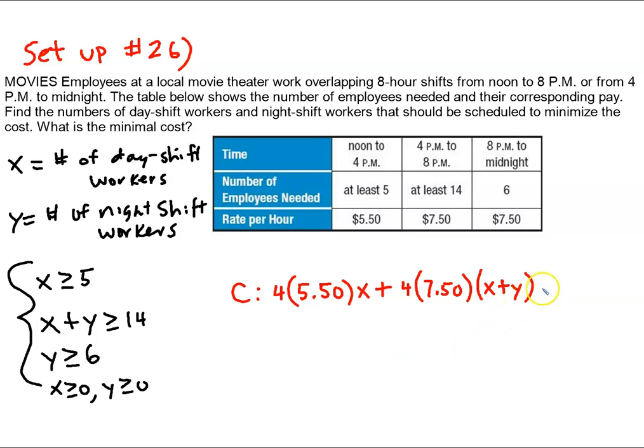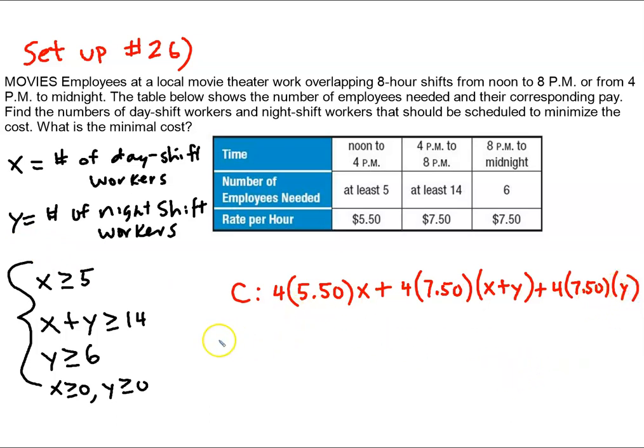All right, and then finally we've got this 4-hour period that's strictly night shift, and they get also $7.50 an hour. But we've identified the night shift workers with the variable y.